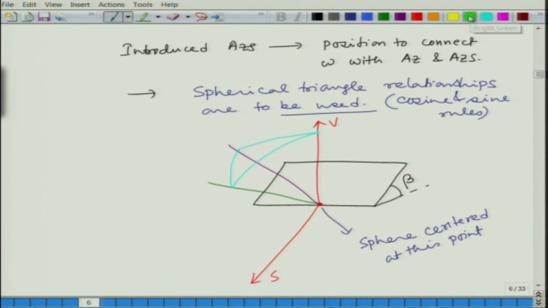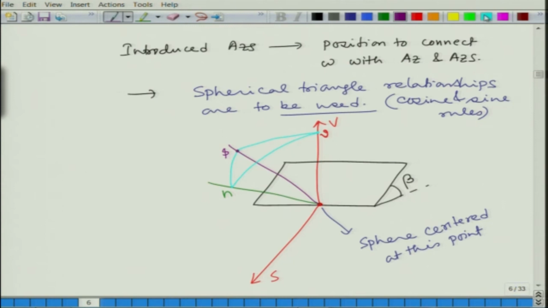So, let us say this is the point V, small v. Okay. And for the surface normal, let us say this is the point N. Okay. And for the solar radiation direction, let us say this point is S.